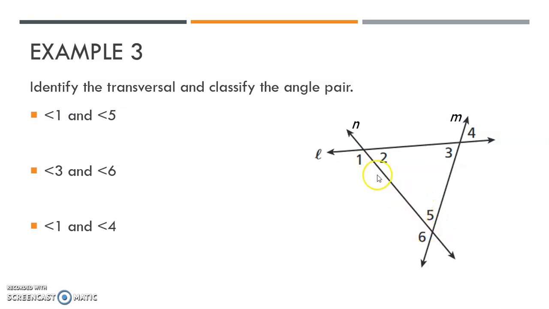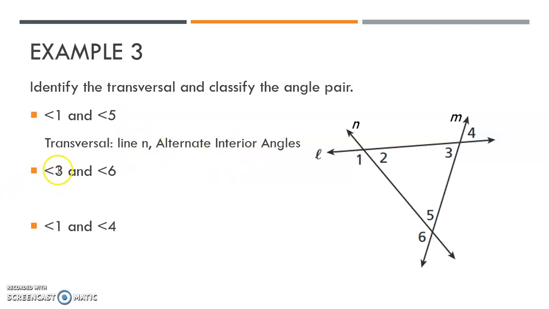And the line that touches both of them is this one, because see, it makes this side of angle 1 and then it makes this side of angle 5. Okay, so this is the transversal, the line that touches both of them, that's N. And then notice, these would be the lines that they are between, so they're interior angles, and they're on opposite sides of the transversal. So they are alternate interior angles. So the transversal is line N, alternate interior angles.